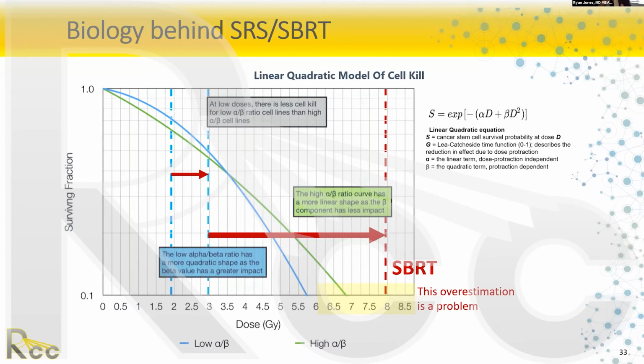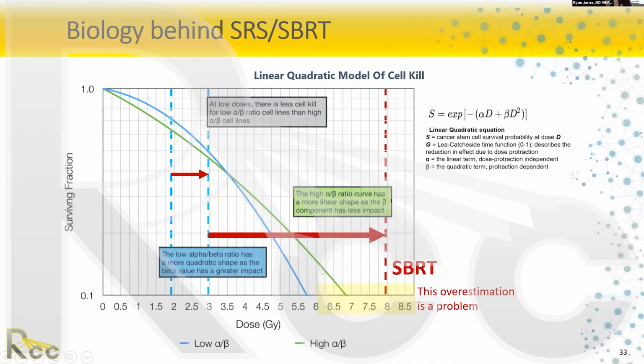Prostate cancer is about an alpha beta of 3. And we can use this to our advantage in the area of SBRT if we're able to deliver a higher dose per fraction for a low alpha beta tumor to achieve better kill. So a smaller surviving fraction of the tumor.